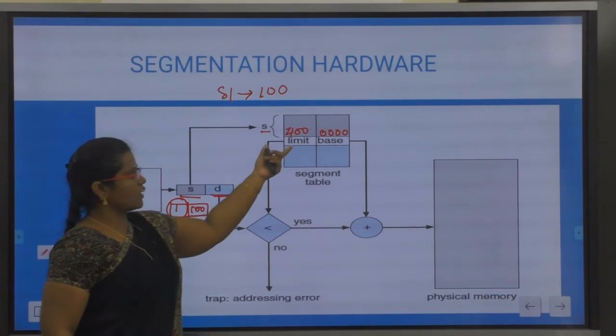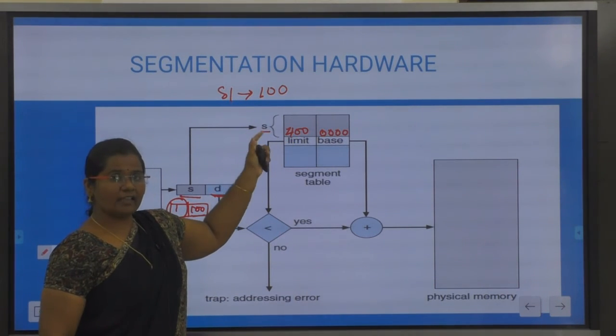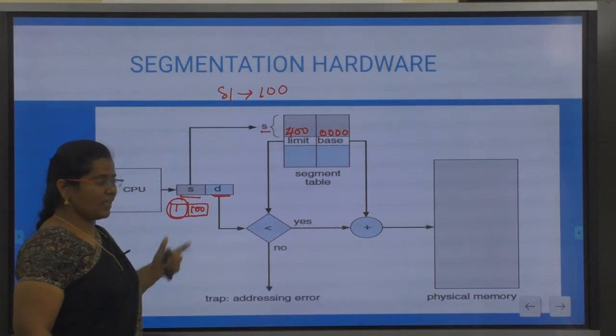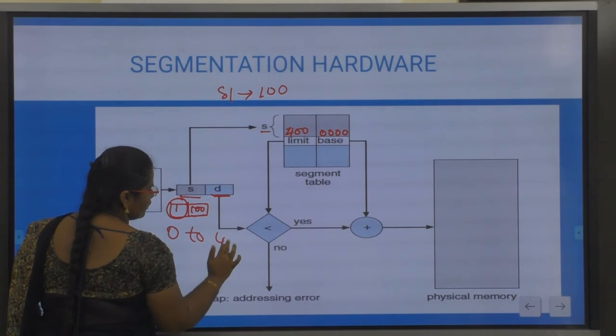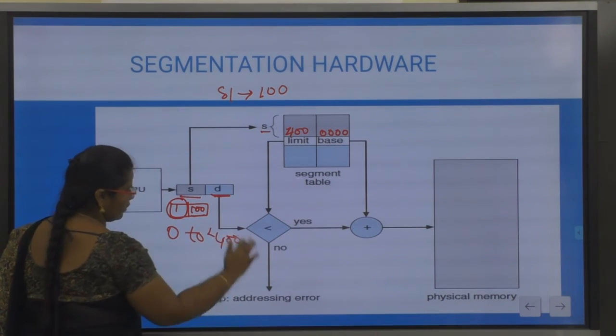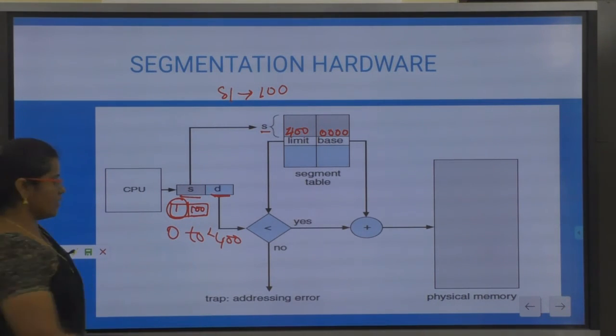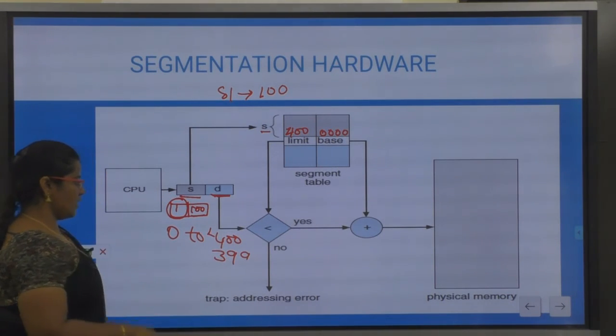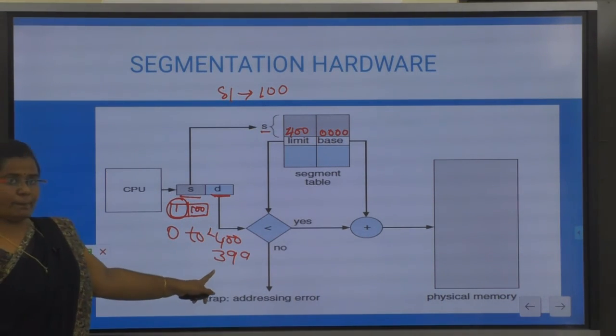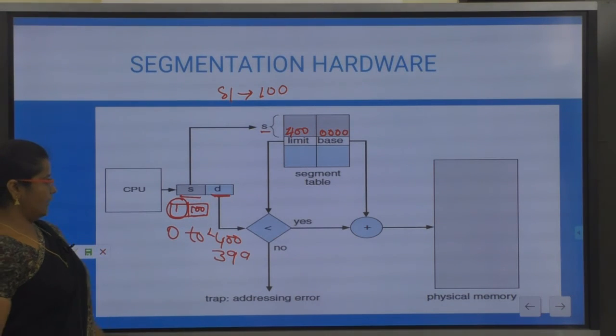Now if my total size is 400, I need to generate an offset from 0 to less than 400, that is 399. So I need to generate an address from 0 to 399.